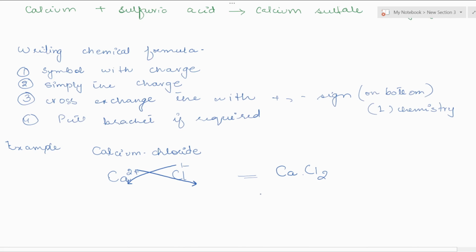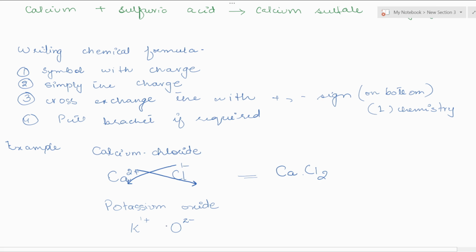Okay, let me give you another one. Potassium oxide. What is the chemical symbol and the charge on both? O2−.